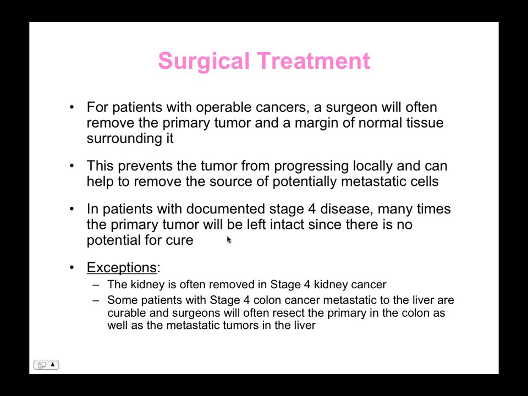And so for each different type of cancer, the approaches may be different based on the likelihood of having a different outcome in terms of whether there's potential for prolongation of survival or some other benefit by doing surgery, even in stage 4 disease.